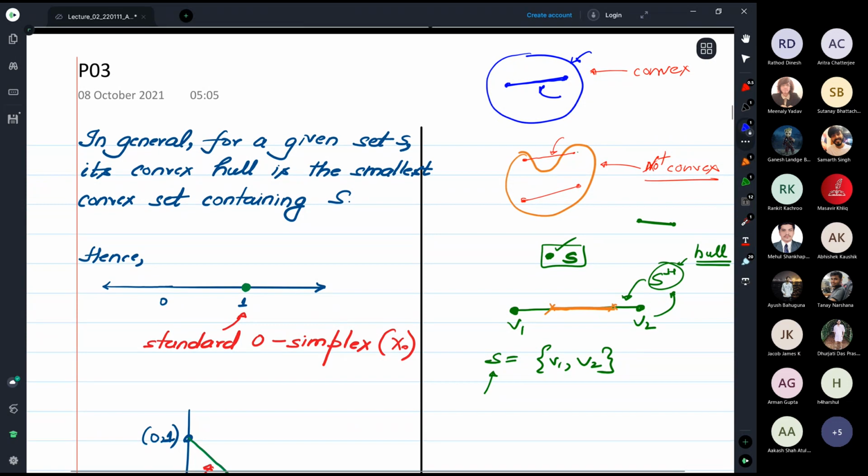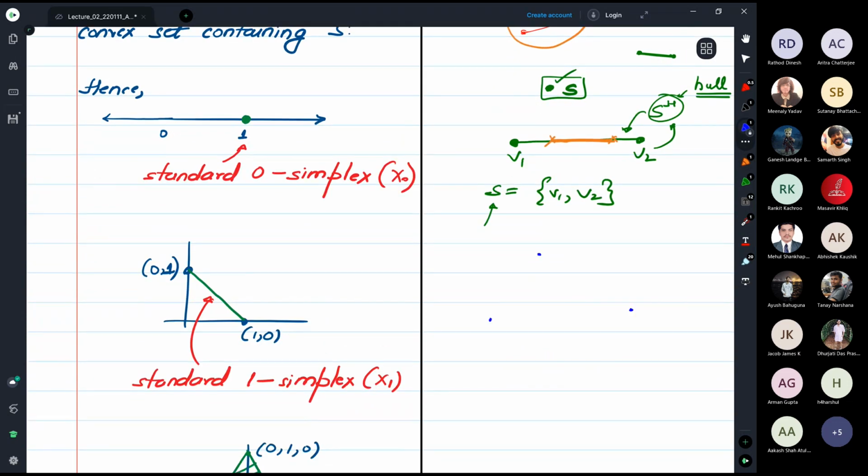Now one can ask, what happens for 3 points? If you look at 3 points, the convex hull would be, in some sense, the triangle which joins them. I don't want to spend too much time defining the convex hull. For those who are not familiar, I encourage you to use Wikipedia or some other resources, plenty of which are available, to read up about what convex hulls are all about.